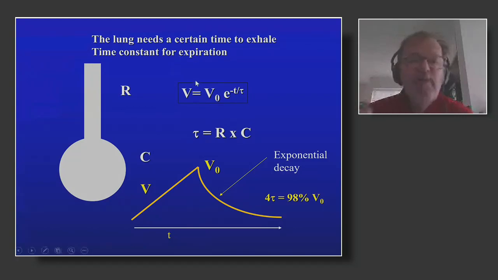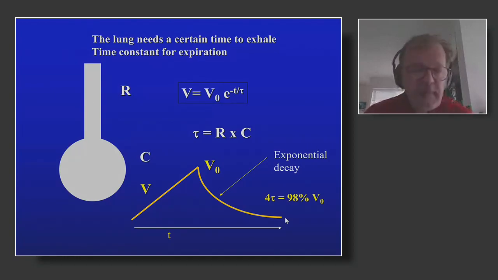Well, this has been known for a long time. It's a system with resistive pressure and elastic pressure, so it's illustrated as resistance and compliance. Such a system has an exponential decay. You remember I showed you on the flow curve that the expiration is exponential. It's true whether you look at the flow curve or the volume curve.